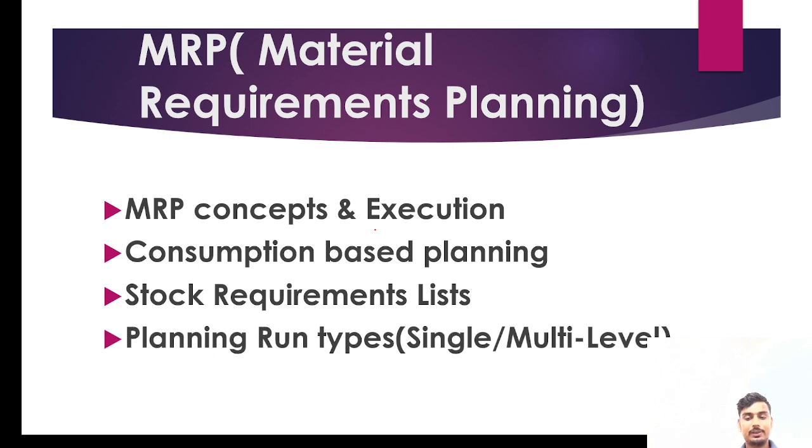Stock requirements: what the requirement is for stock, that list I will explore here. Planning run types, single and multi-level. Multi-level is like finished goods that need semi-finished goods as well. For example, if we are producing chips, and you are producing some masala in-house, in the organization, then for the semi-finished good masala, what raw material is required and what needs to be procured from the vendor, that is called multi-level.